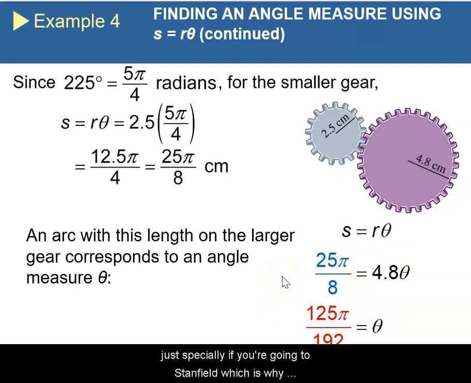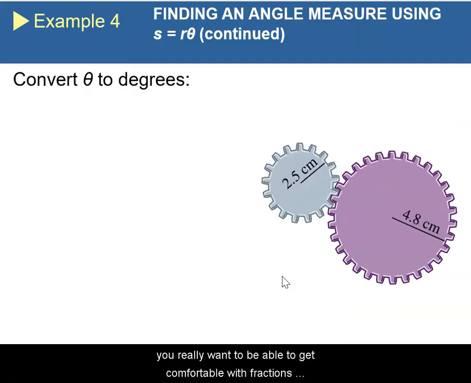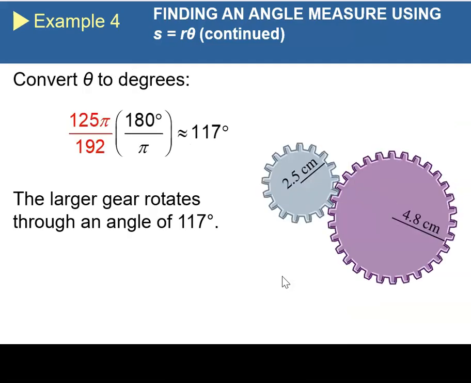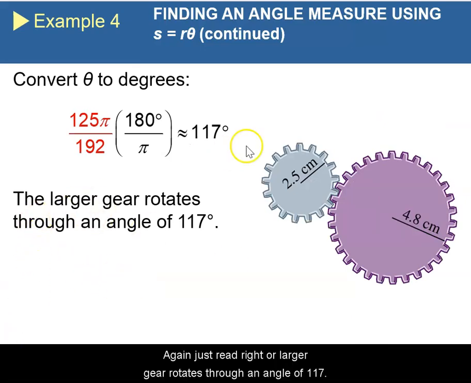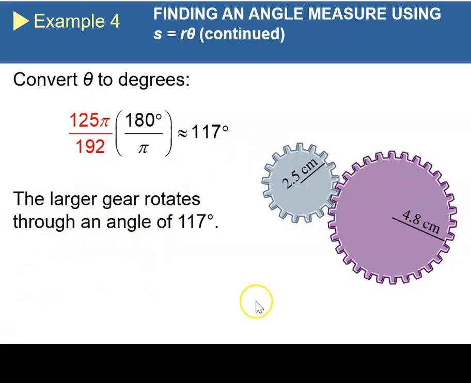Especially if you're going into the STEM field, which is why you're in trig, you don't want to breeze over some of these lower level skills, right? You want to develop these. You really want to be able to get comfortable with fractions and decimals. So definitely make sure you're okay with those. Okay, so again, just to reiterate, our larger gear rotates through an angle of 117 degrees.